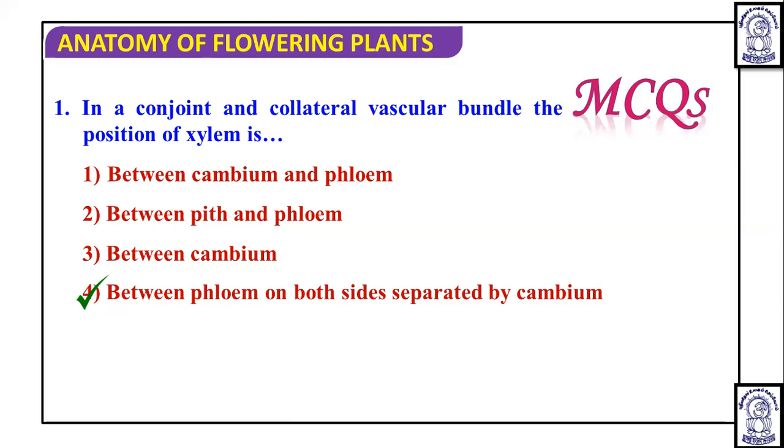So here they have written collateral, but in collateral, phloem is present on the outer side and the xylem is present on the inner side. But if you modify the question to bicollateral, then this answer is going to be correct, that it is present between phloem on both sides separated by cambium.